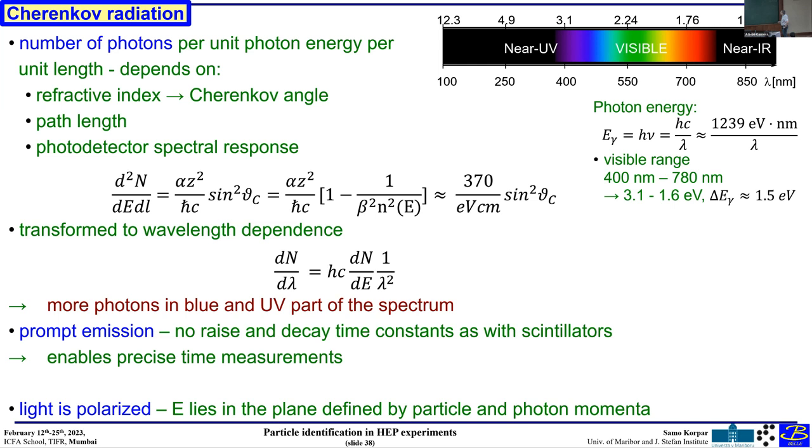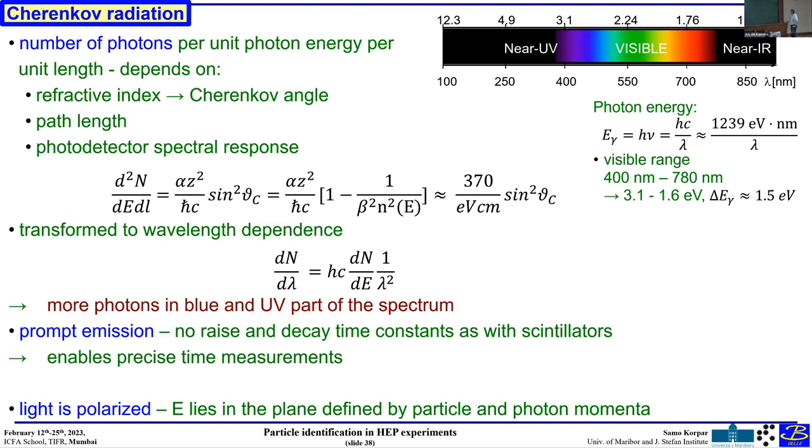When you translate this to wavelength lambda, you get the typical dependence of 1 over lambda square, which means there are more photons in the blue part of the spectrum than in the red. So detectors should in principle be more sensitive in this area.